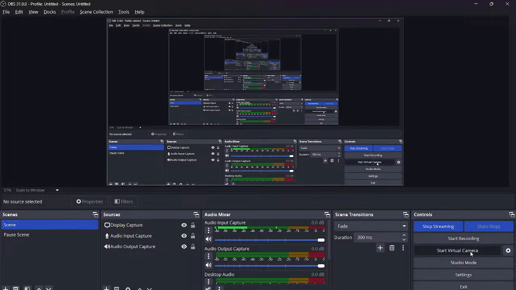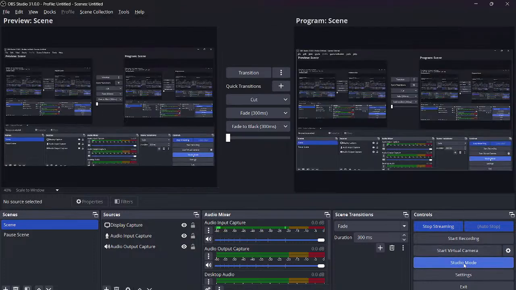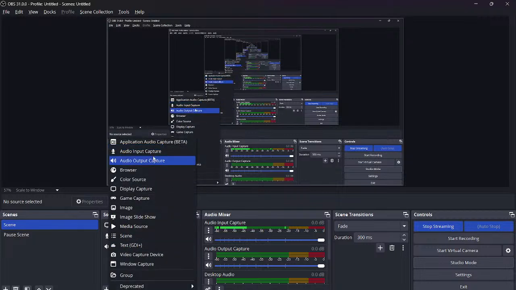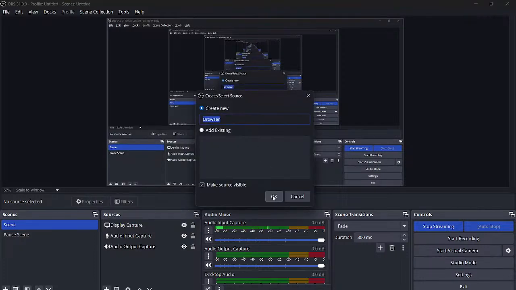What is this? What is this? Oh, audio output capture. What about application audio capture, browser, color scale, display capture, game capture, image, media source? What about browser? Okay.